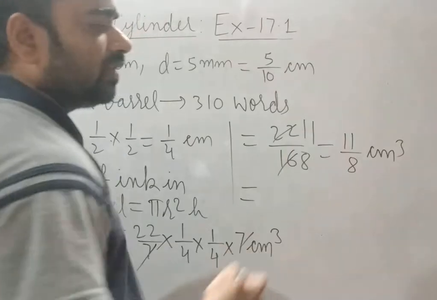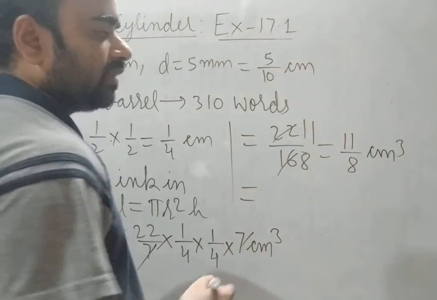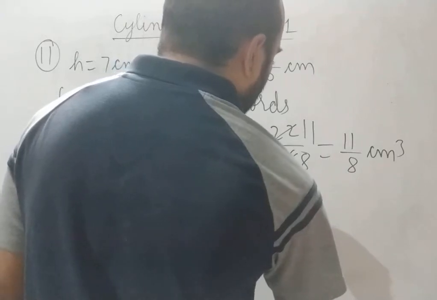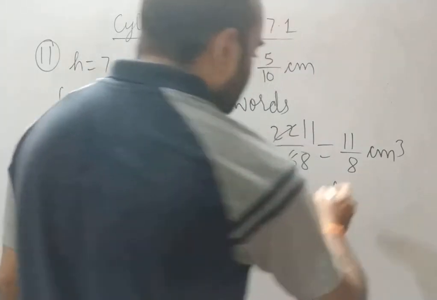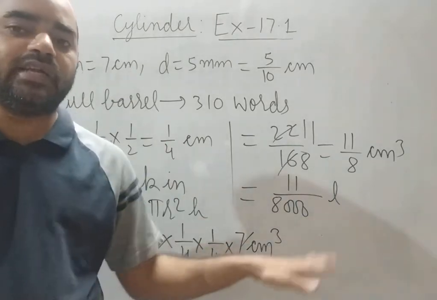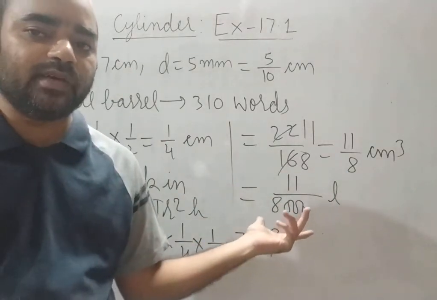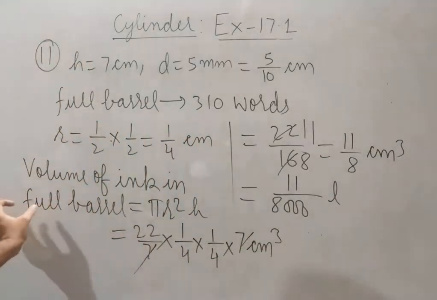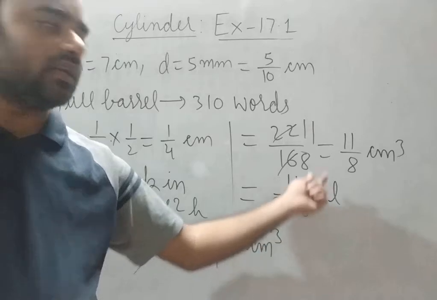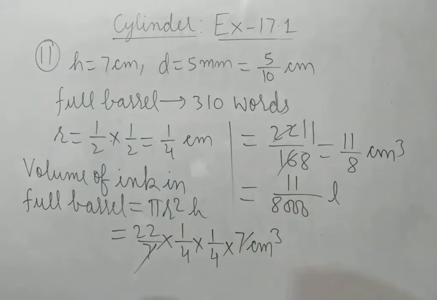If you will convert this in liter, then we have to divide by 1000. So this is 11 upon 8000 liter. Whenever we have to convert centimeter cube to liter, we have to divide by 1000. It means what is the volume of ink in full barrel in terms of liter? 11 upon 8000.